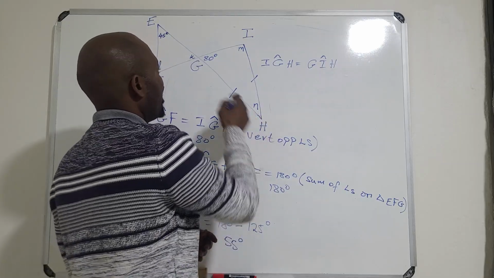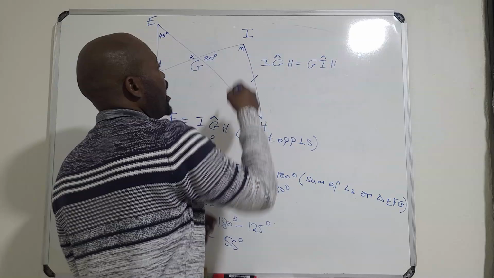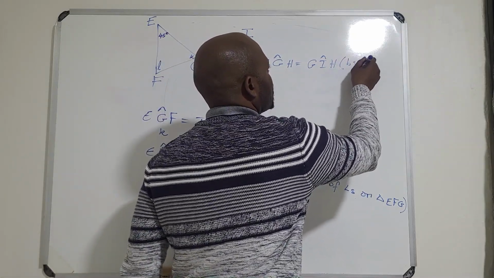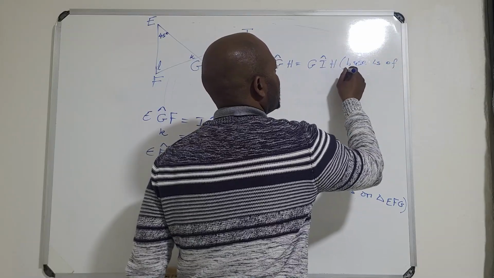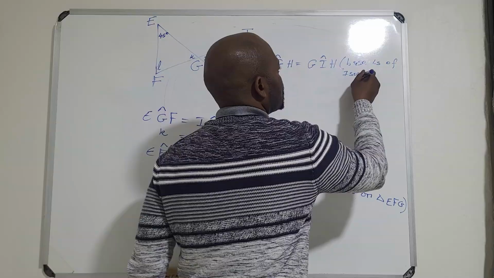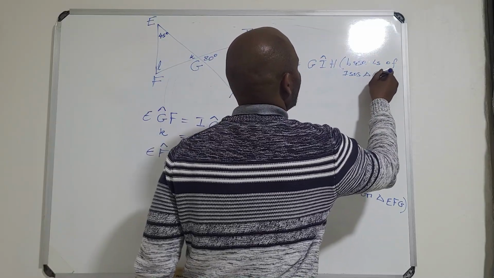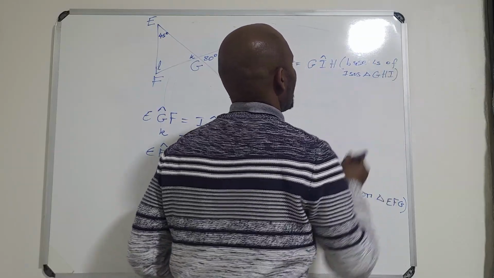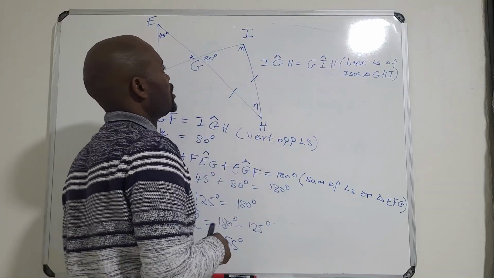Therefore, HGI is an isosceles triangle. Reason: base angles of isosceles triangle GHI are equal.